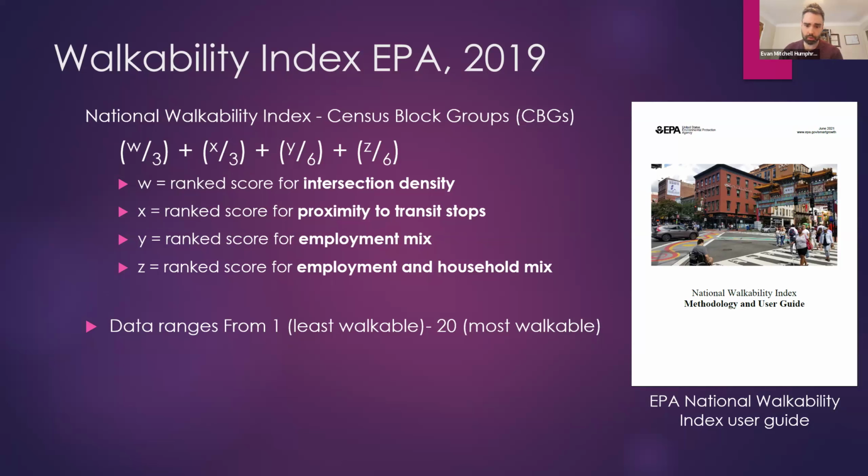The walkability scores can be interpreted as 20 being the most walkable and 1 being the least. The EPA breaks it out into 4 categories, but just knowing the range of 1 to 20 is what's important for this study, because I didn't use the categories for my data.